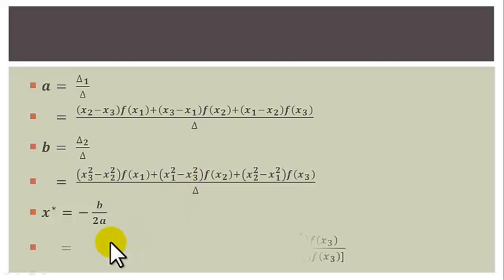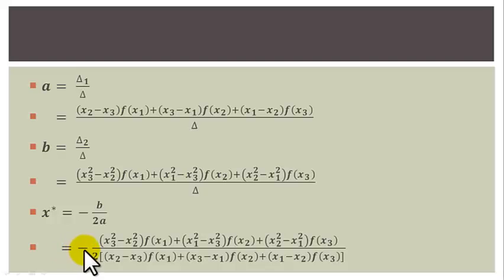And this will then give us this: x star equals minus x3 squared minus x2 squared in bracket times f of x1 plus x1 squared minus x3 squared in bracket times f of x2 plus x2 squared minus x1 squared in bracket times f of x3, all over 2 into x2 minus x3 times f of x1 plus x3 minus x1 times f of x2 plus x1 minus x2 times f of x3.